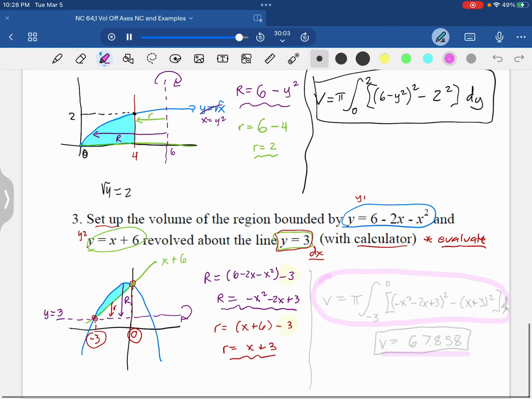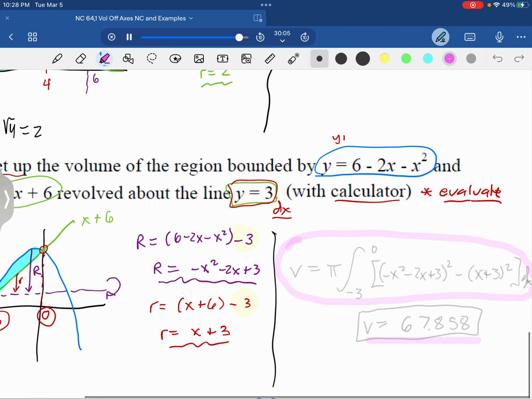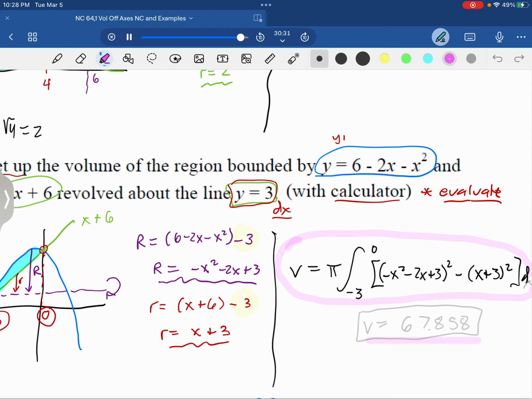So my final setup would be volume equals pi integral from negative 3 to 0 of big R squared, which would be negative x squared minus 2x plus 3 in parentheses squared, take away x plus 3 squared, all dx. So that would be the setup.